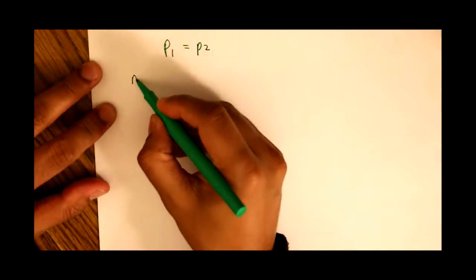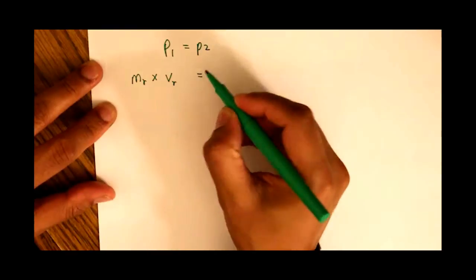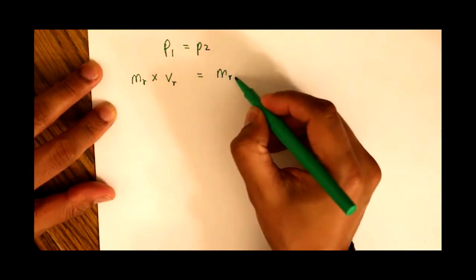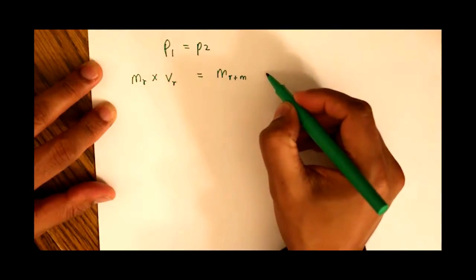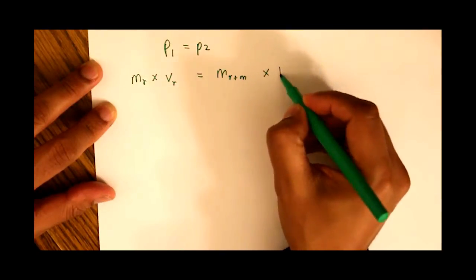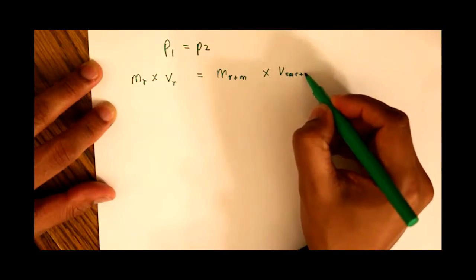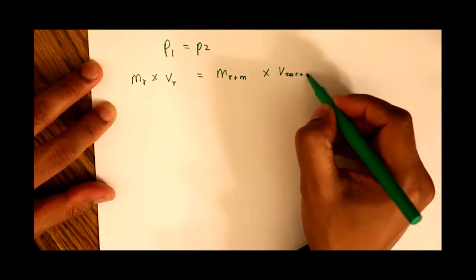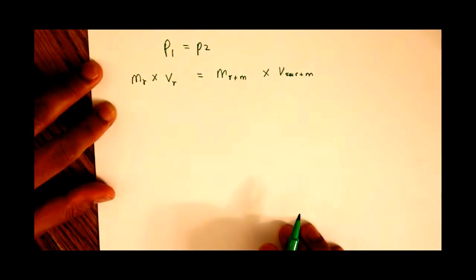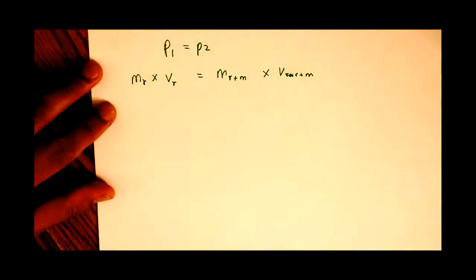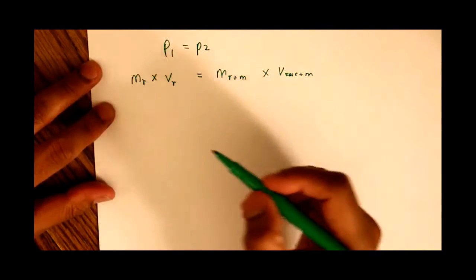So we'll do the mass of the raindrop times the velocity of the raindrop, which is equal to the mass of the raindrop plus the mass of the mosquito, times the velocity of the raindrop plus mosquito.